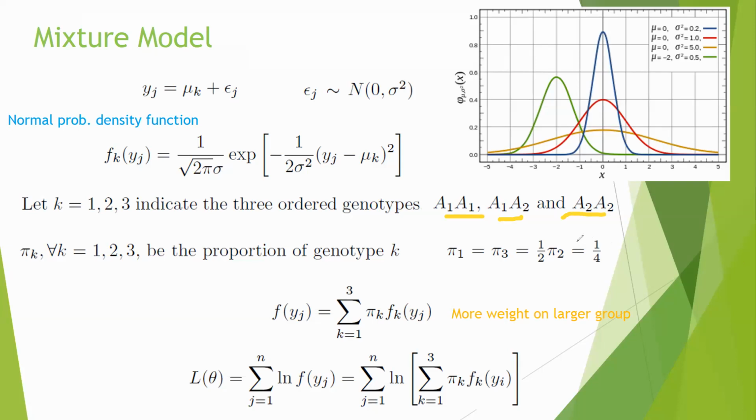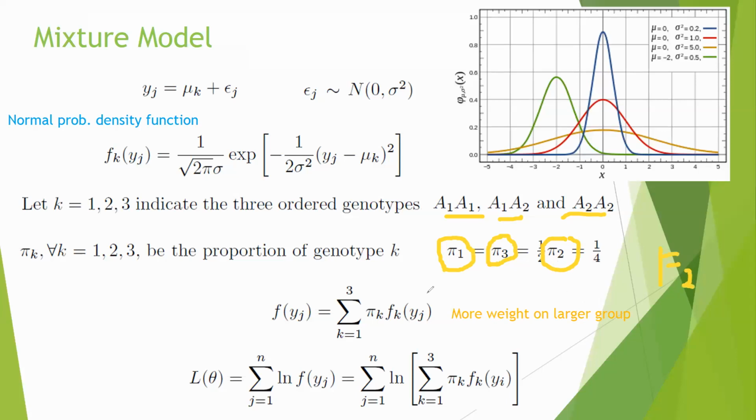And if this locus is following the Mendelian or the Hardy-Weinberg law, we can assume that the proportion of these 3 genotypes equals 1/4, 1/4, and 1/2, right? So that's the F2 feature.